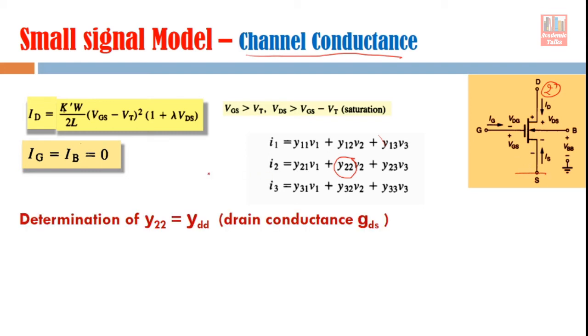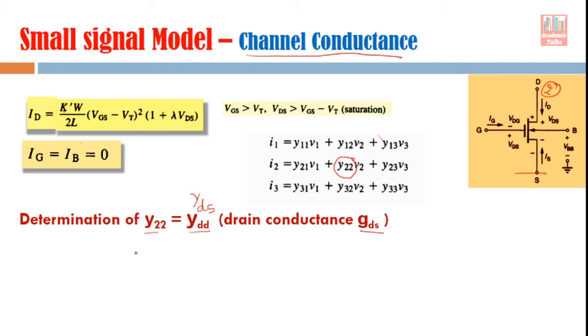Sometimes Y22 is also called YDD because the second terminal is our drain terminal, and sometimes in the book it is written not as YDD but as YDS, drain with respect to the source terminal. It is also called drain conductance, sometimes GDS, drain-source conductance. And its dimensions are of conductance because it is current by voltage, right?